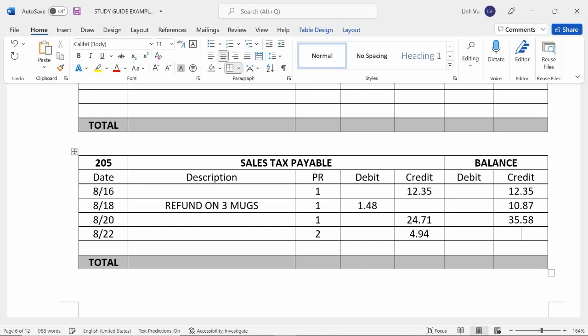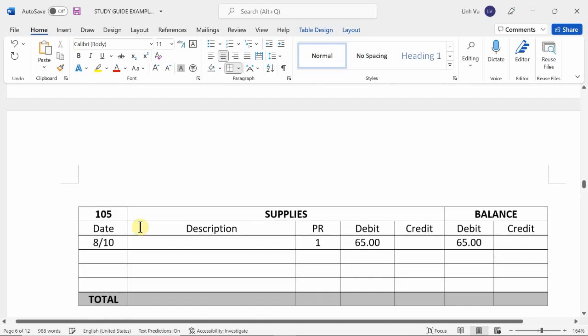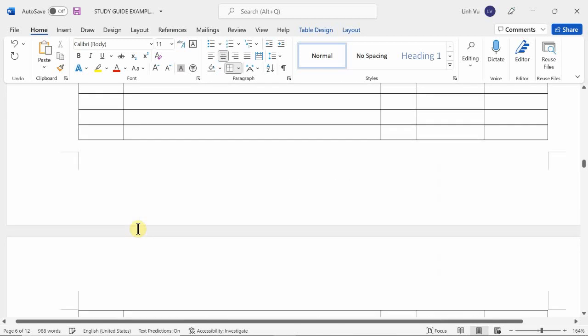So your total sales tax of $35.58 plus $4.94 should give you $40.52. Okay, so that was your cash sales.